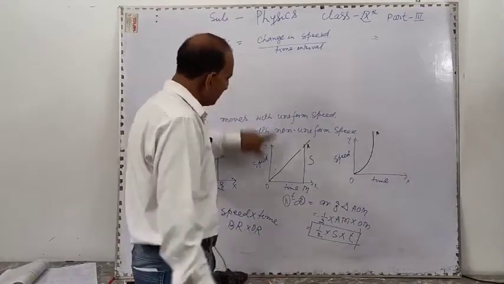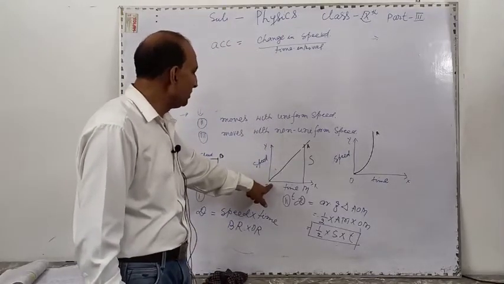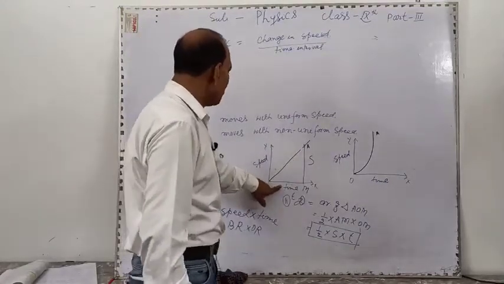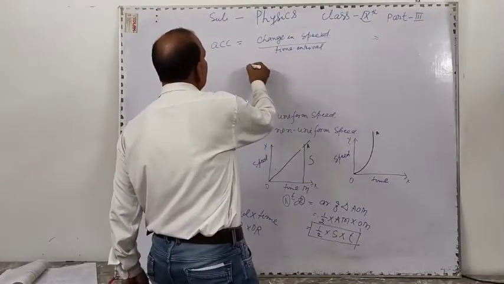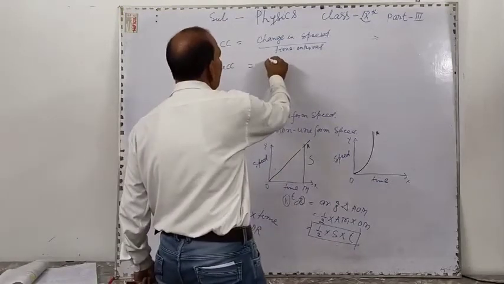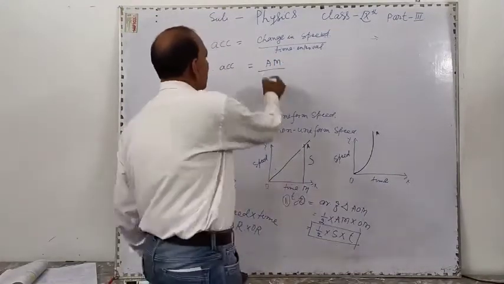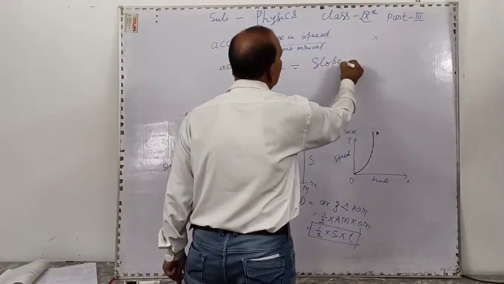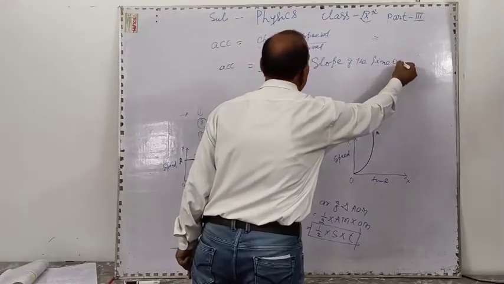The initial speed is 0 and the final speed is AM, so acceleration is equal to change in speed, that is AM, by time interval, that is OM, which is equal to the slope of the line OA.